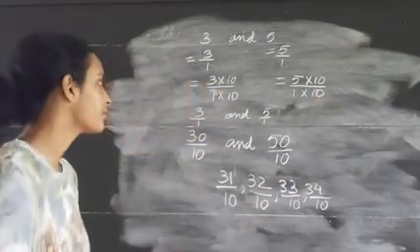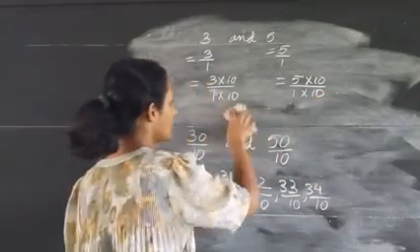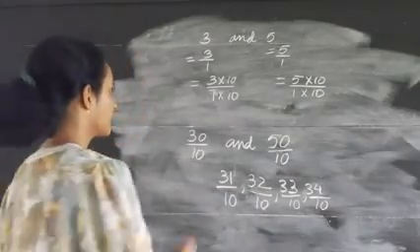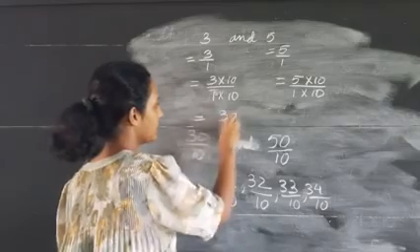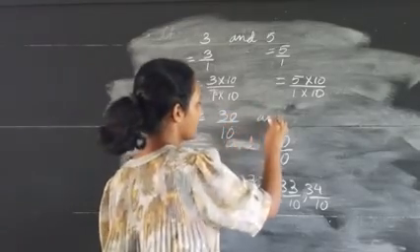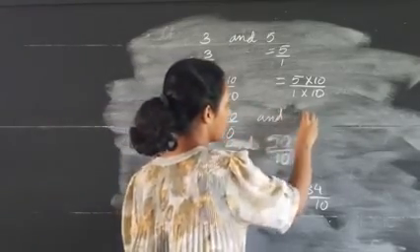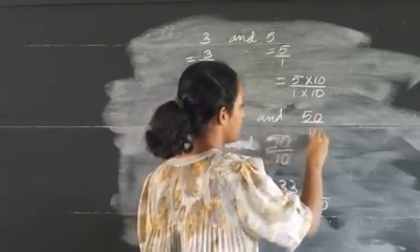Right? So, what did we get? We get 30 by 10 and 50 by 10, right?